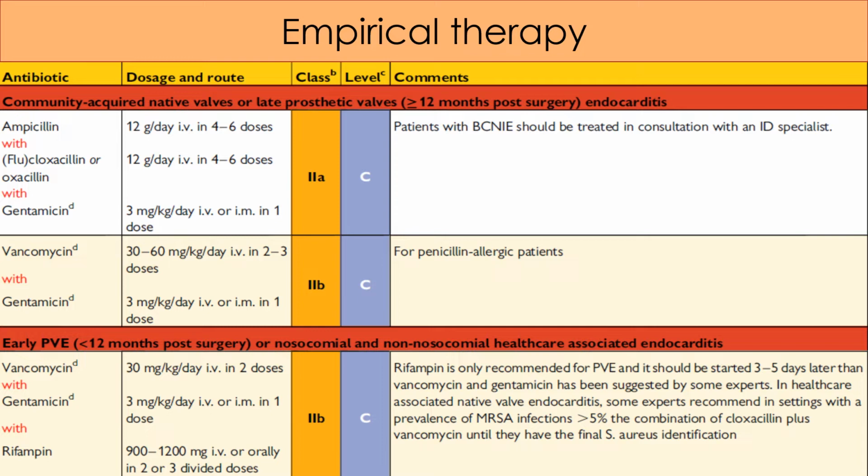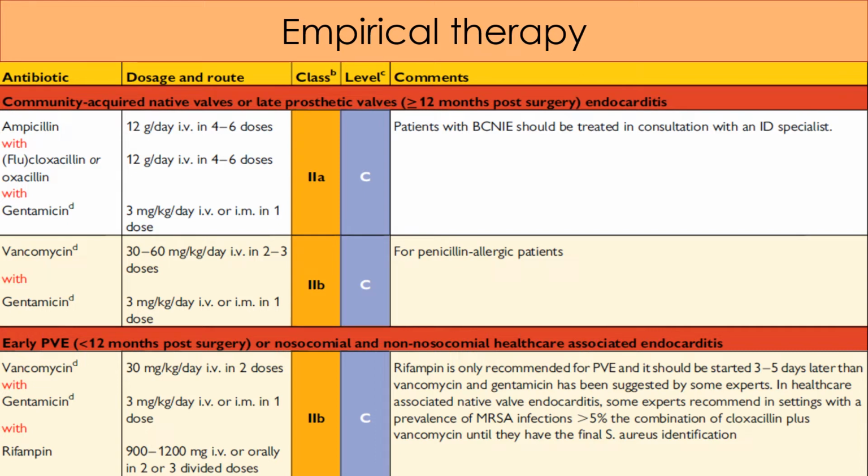The regimen consists of ampicillin with cloxacillin, or oxacillin based on availability in your site, with gentamicin. So we use a 3-drug regimen. This is the dose, and if the patient has penicillin allergy, you consider vancomycin instead of ampicillin and cloxacillin, also with gentamicin. The gentamicin we use in a single-dose regimen, once daily.